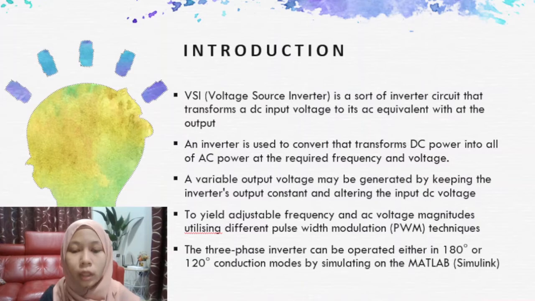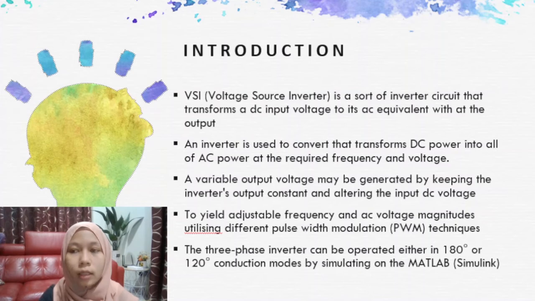Okay, first, what's the meaning of the voltage source inverter? It is a sort of inverter circuit that transforms a DC input voltage to its AC equivalent at the output.